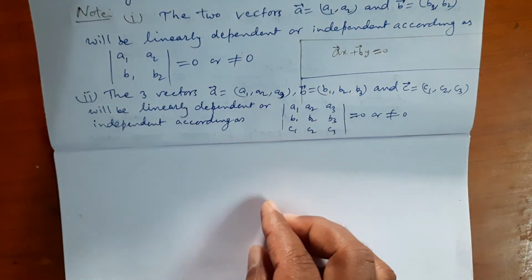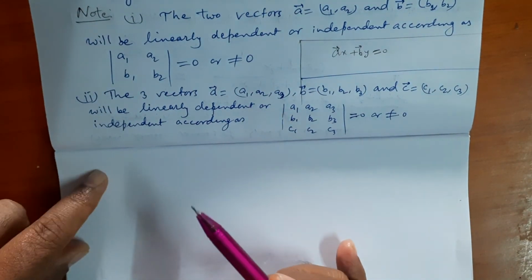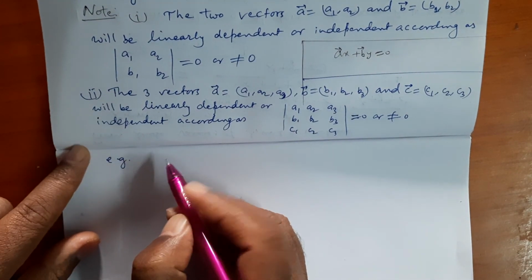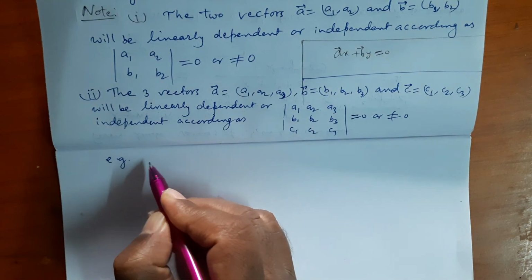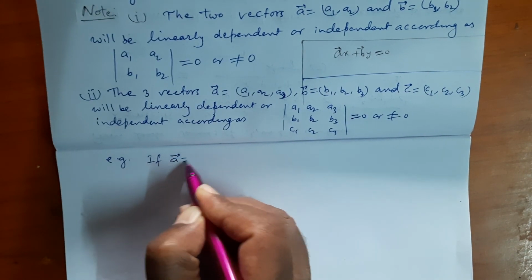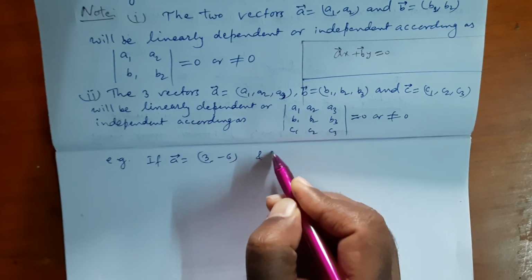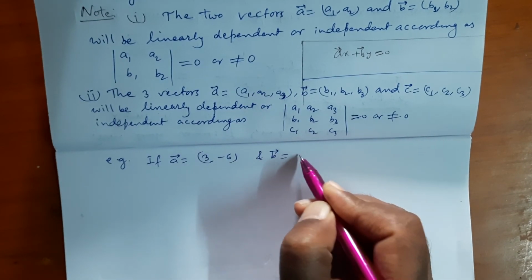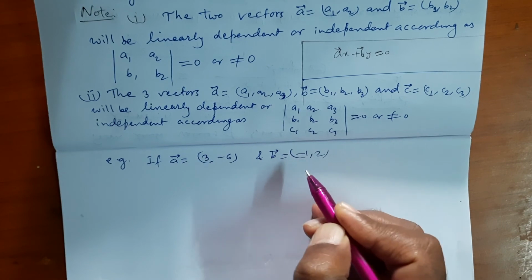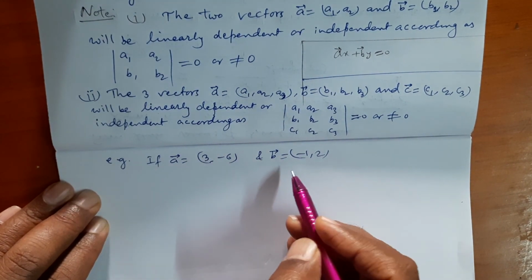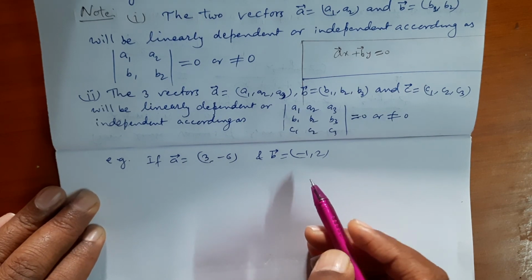All right, now look at one example. If vector A equals to 3, minus 6 and vector B equals to minus 1, 2, let's find out whether they are linearly dependent or independent.